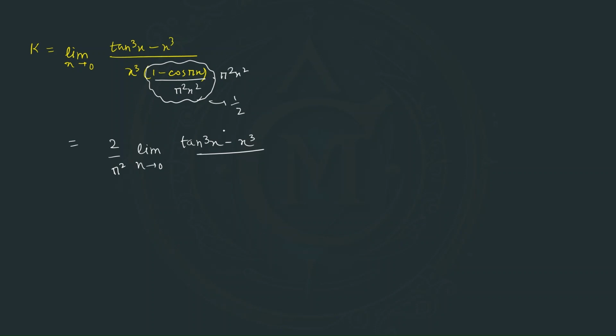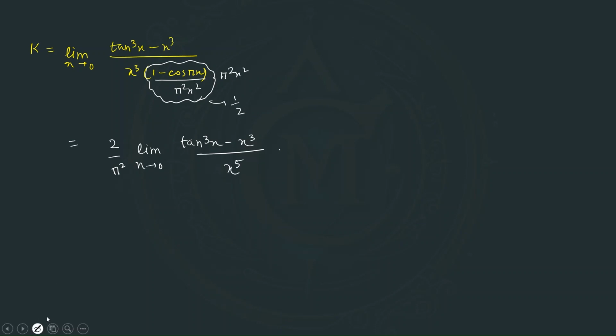So for 1 minus cos pi x, we can multiply and divide by pi square x square. Now this thing can be written as half. So it will become 2 over pi square times the limit as x tends to 0 of tan cube x minus x cube divided by x to the power 5.